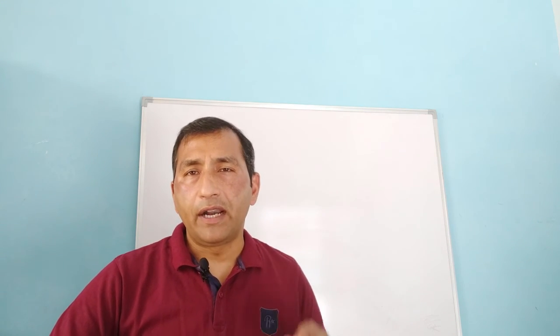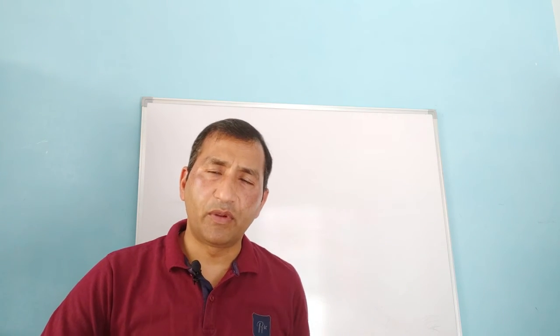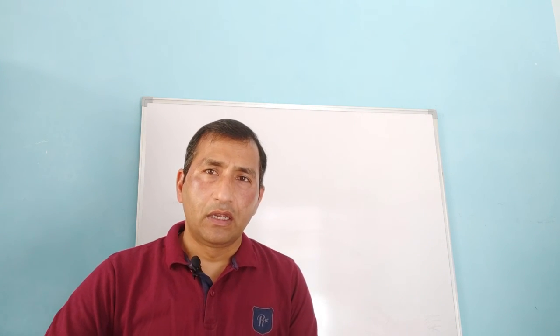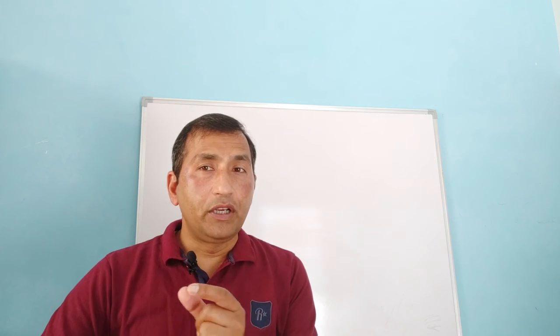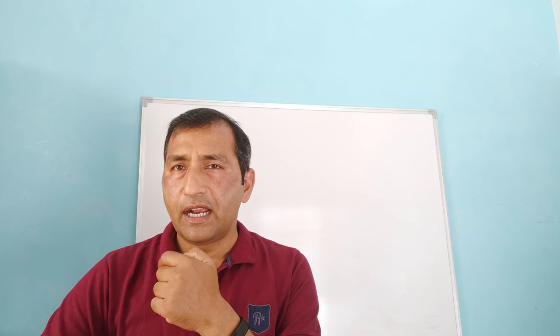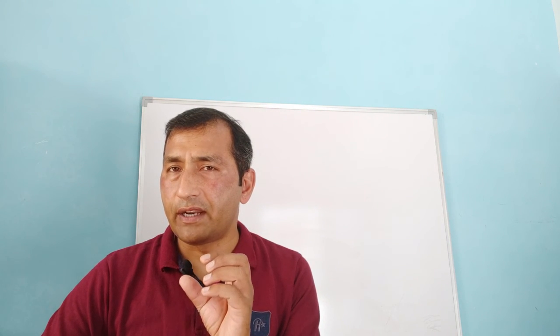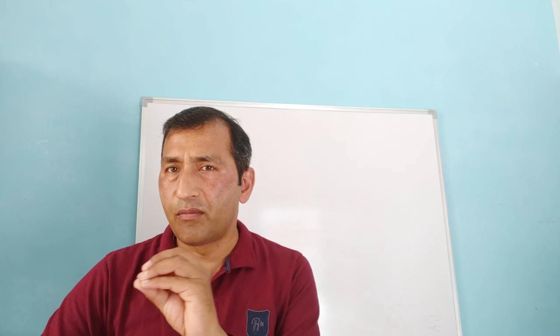To call the method sum, I will write ob.sum. In the coming video I will explain this in detail. Ob is the name of the object of that particular class, and sum is a method belonging to that class. That is why I can write object name dot method name, ob.sum.